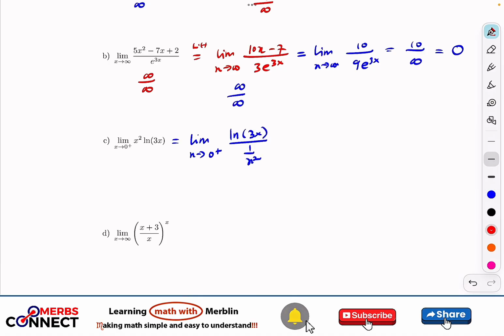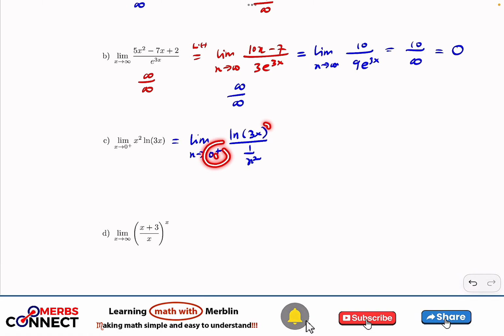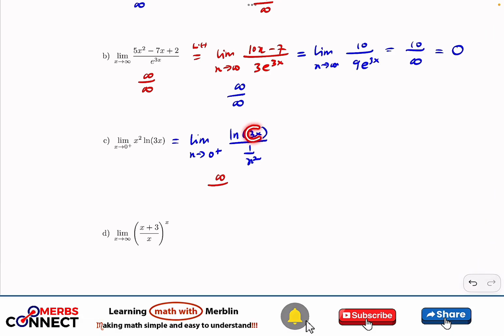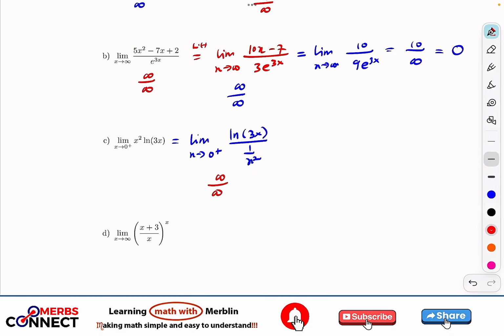Now let's test it. When I plug in 0 here, this gives us infinity, because ln of 0 from the positive side is negative infinity in magnitude, infinity. And this one here is also going to give us infinity, because when I plug in 0 here, this blows up.